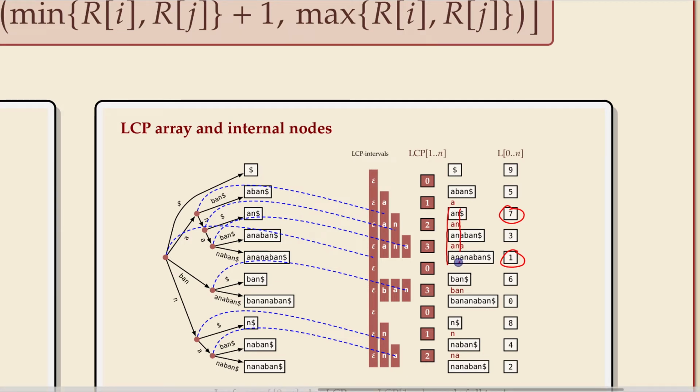So it should be 2 here. And you might see a connection to range minimum queries now, because we're looking at this LCP array from this position to this position, and we're trying to find the minimum in that range.